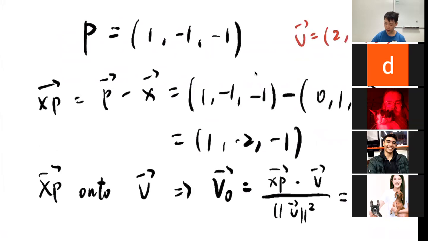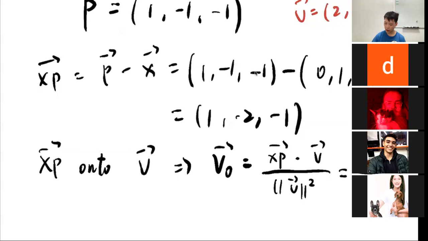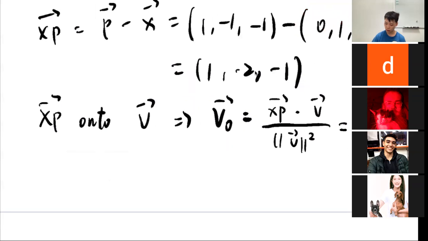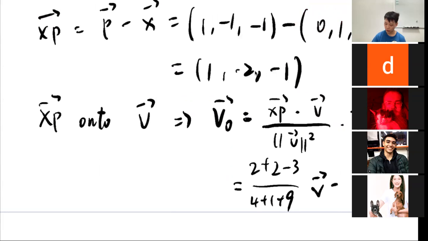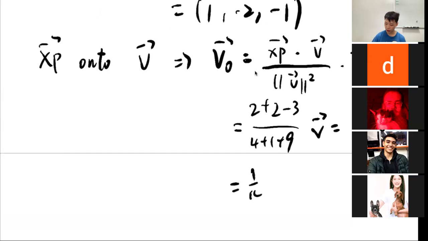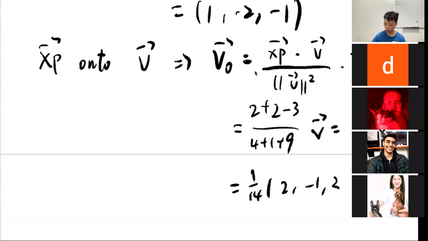Okay, so the dot product is 2 times 1 plus -1 times -2 plus 3 times -1, so minus 3, divided by the length of V squared, which is 4 plus 1 plus 9. Times V, which is 4 minus 3 is 1 over 14 V. So it's 1 over 14 of (2, -1, 3).